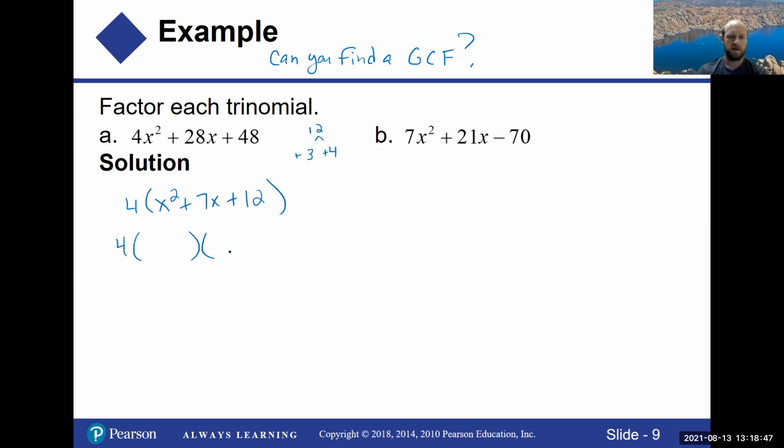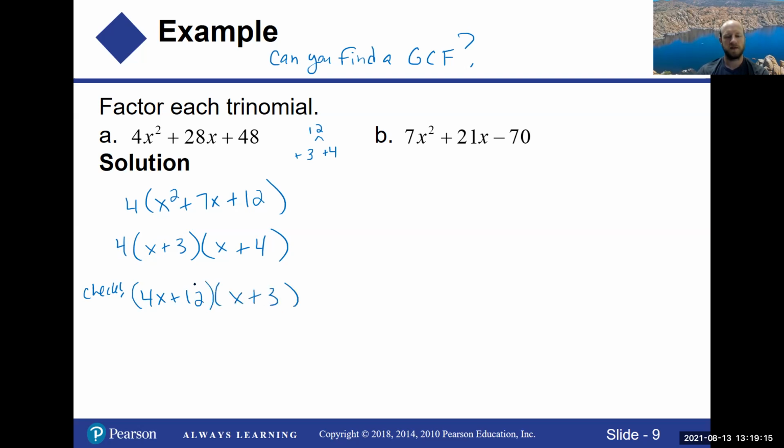So then my two factors are going to be x plus 3 and x plus 4. Again, you can check this. How do you check it? Well, distribute the 4 in here. That's your first step. So 4 times x is 4x. 4 times 3 is 12. So that would be one expression.